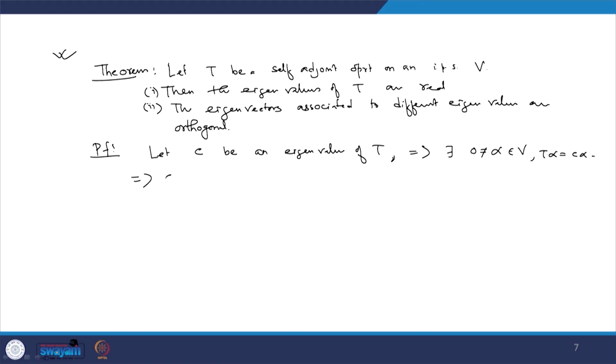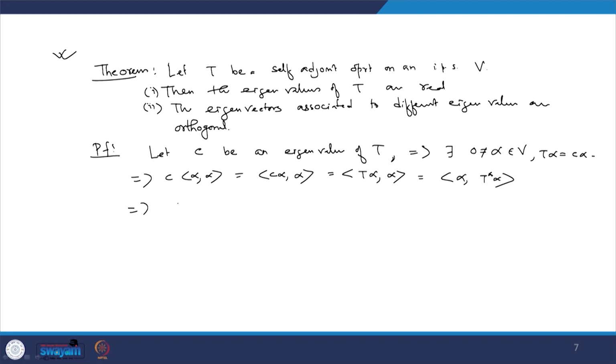So, this implies C into inner product of alpha alpha is equal to inner product of C alpha alpha, which is equal to inner product of T alpha alpha. Okay. So, this is equal to inner product of alpha, T star alpha.